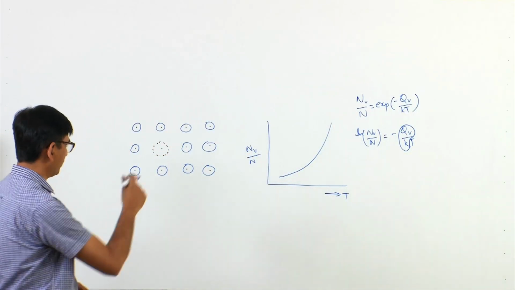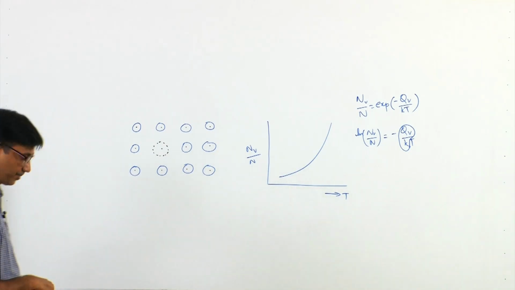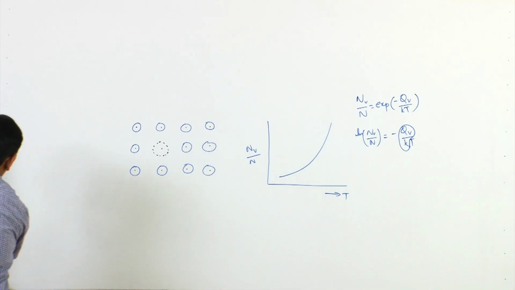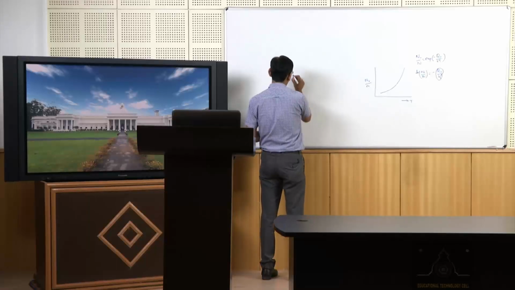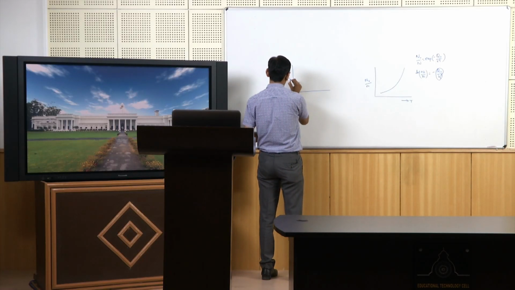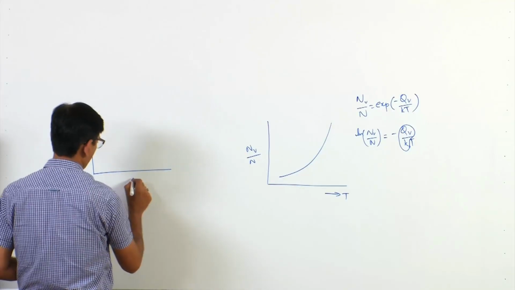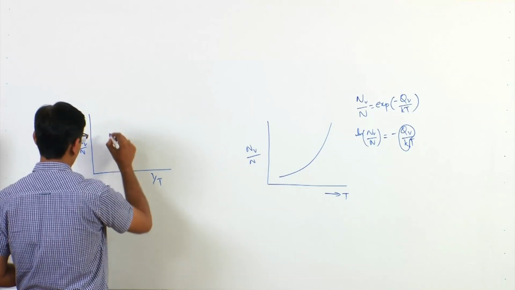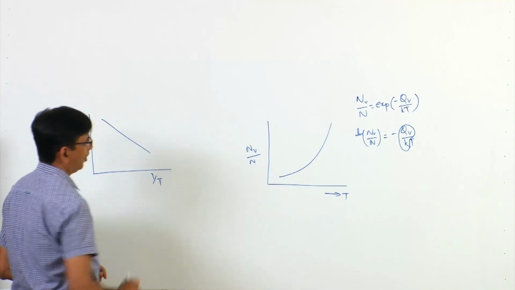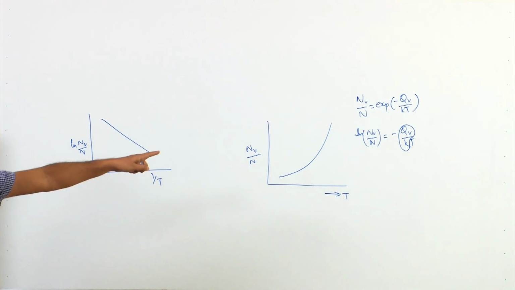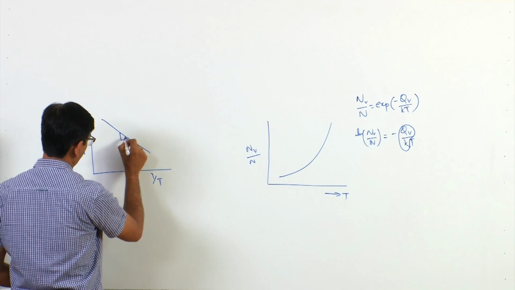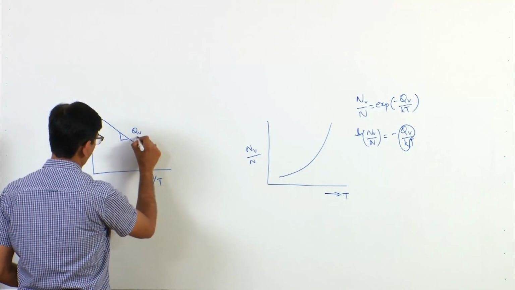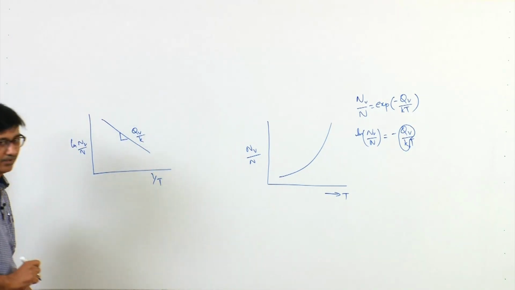If I now plot ln of Nv/N against 1/T, you will get a line of negative slope because there is a negative term there, and the slope of this line will be equal to -Qv/k.